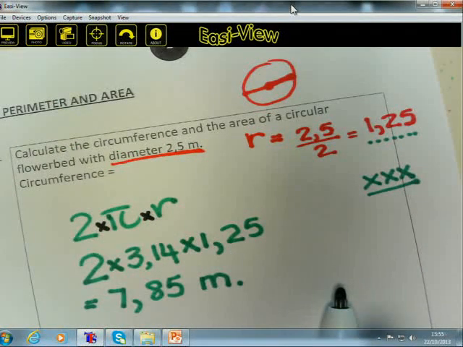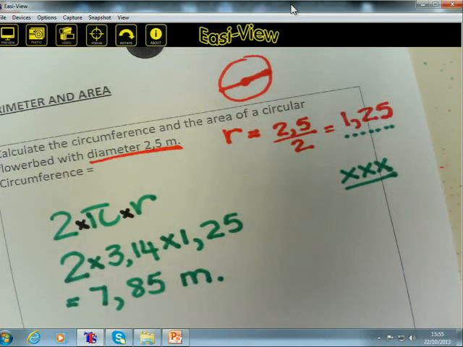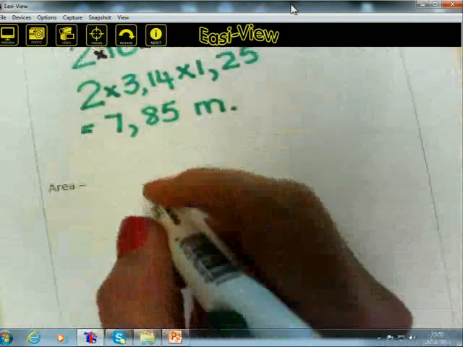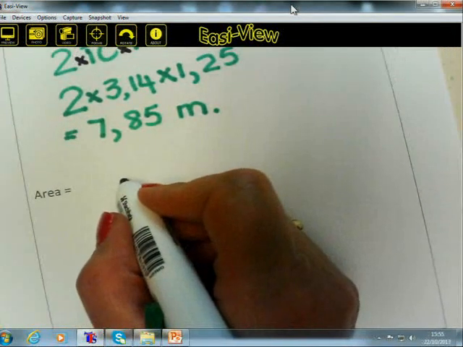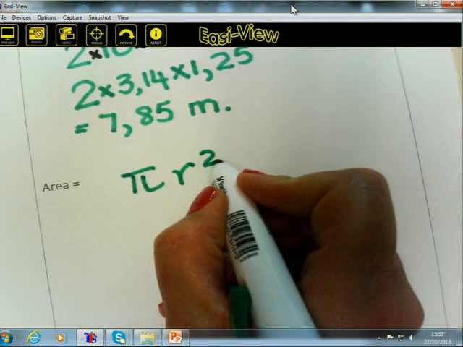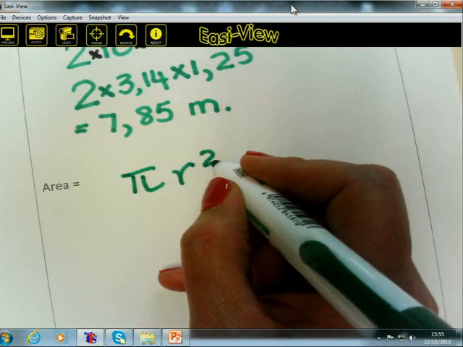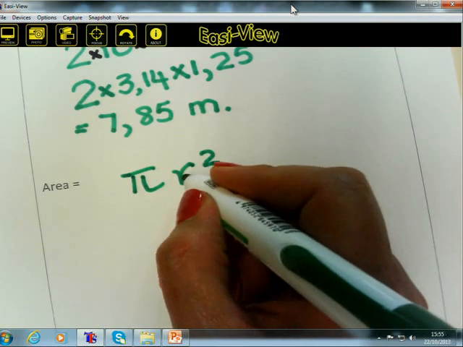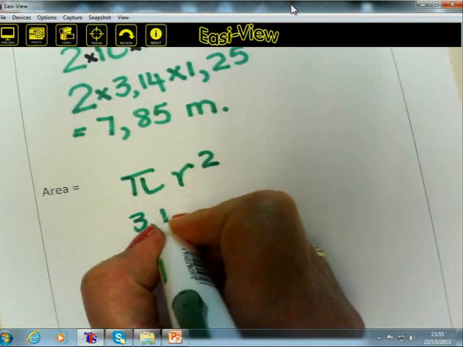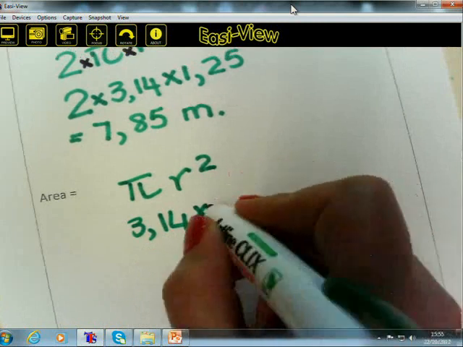All right. Now when we do the area of this flower bed, the area is given by the formula pi radius square. Remember square means radius times radius. Pi is 3,14 times, can you remember, they are standing next to each other.